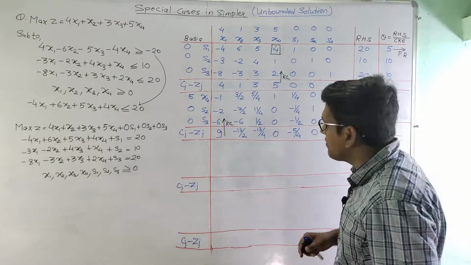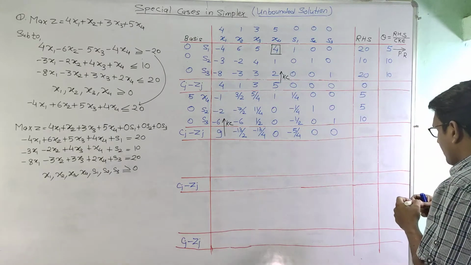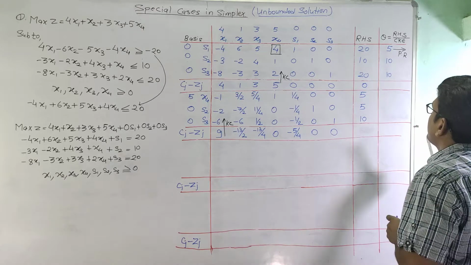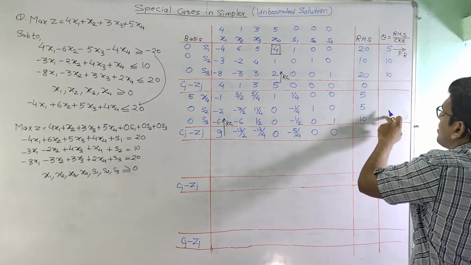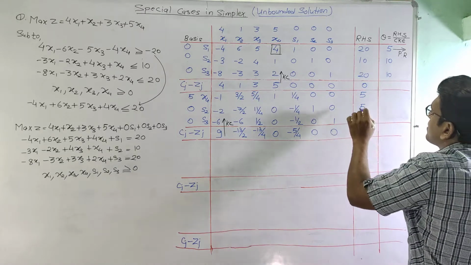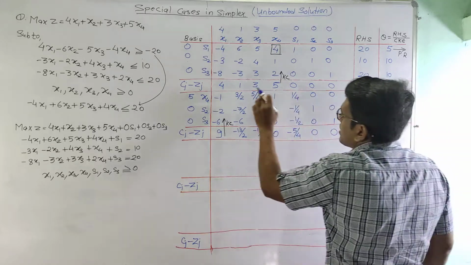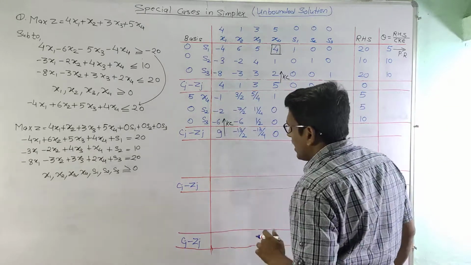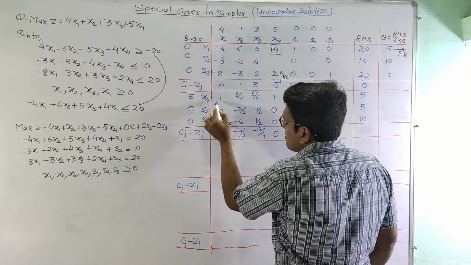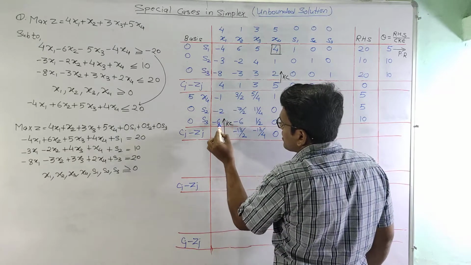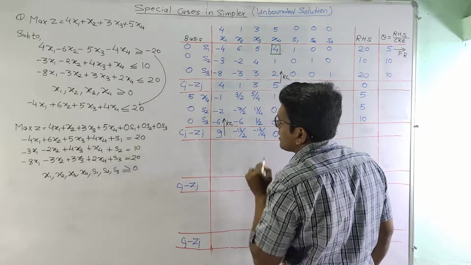and to find out the leaving variable we need to calculate the value of theta. Once we calculate the value, we can see that the right hand side value divided by the corresponding key column element, and we notice that each value in the key column is coming as negative.